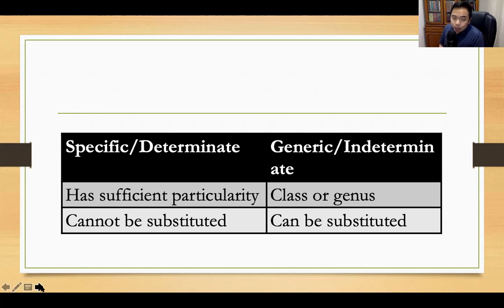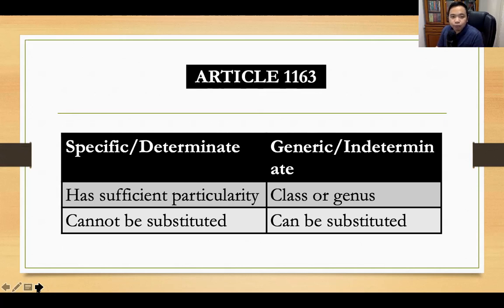The serial number will convert the iPhone from a generic to a specific object. And if it is a specific object, then under 1163, the obligor has to observe the diligence of a good father of a family. Genus never perishes. That is the principle involved.